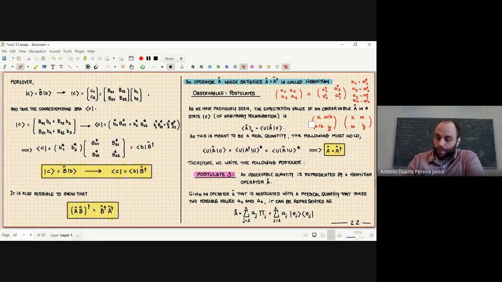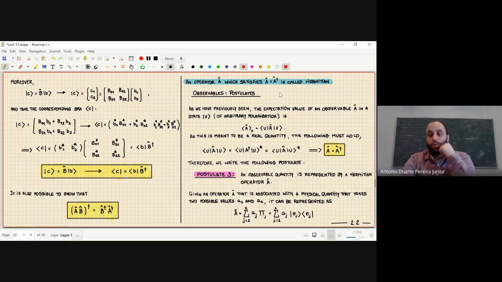Very good. So I hope everyone now has a clear picture of what a Hermitian matrix is. So let me go back to the discussion of quantum mechanics, because what I am saying here about Hermitian matrix is just linear algebra, right? I told you that the main goal of these discussions is to have postulates about observables.